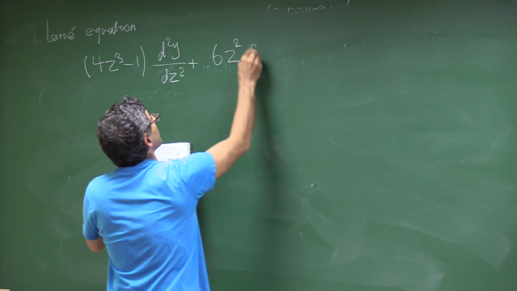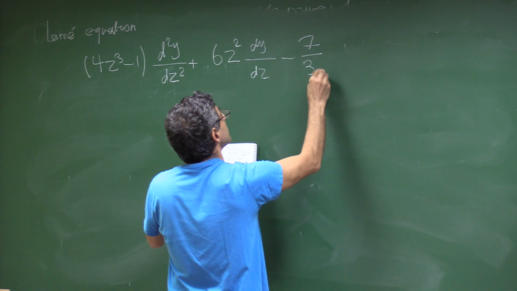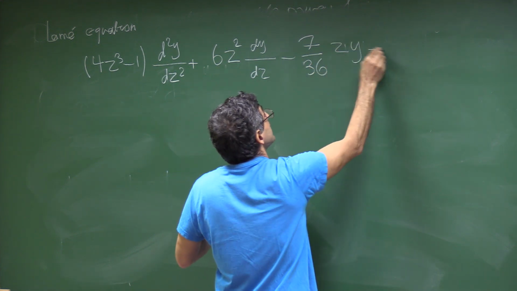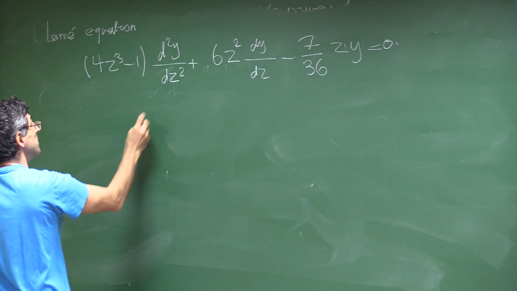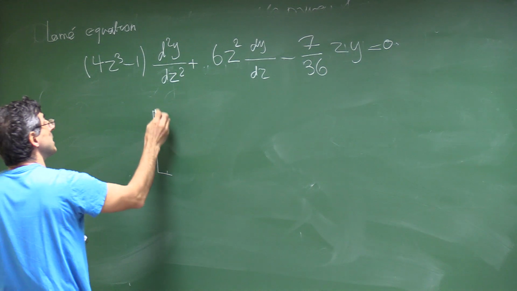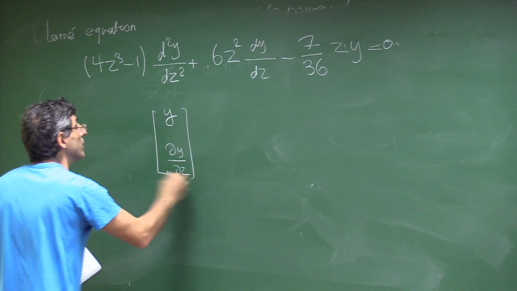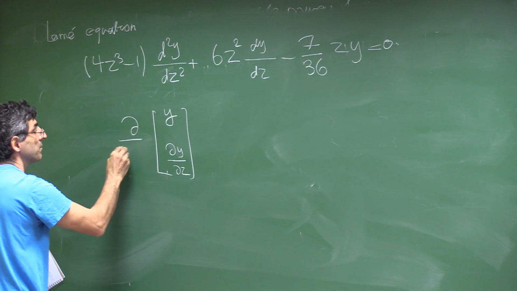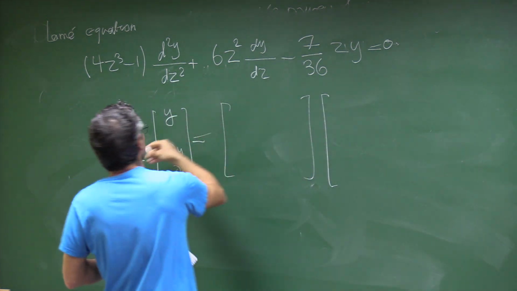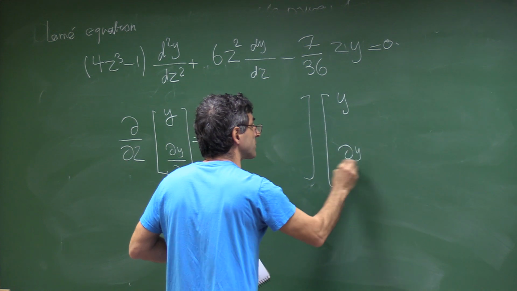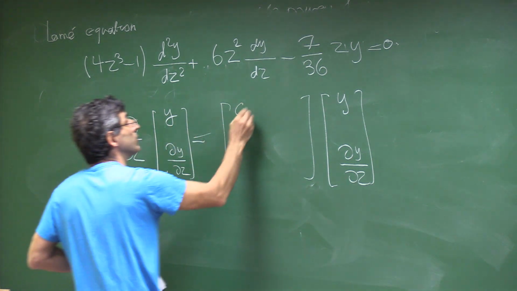It is (z^3 - 1) d^2y/dz^2 ... minus 736 z y. Well, this is not written in the format of a system, so it is a kind of differential equation. But if you want to write it as a system, then you have to define this vector. You make the derivative of this. So you make the derivative of y, this is 0, 1.